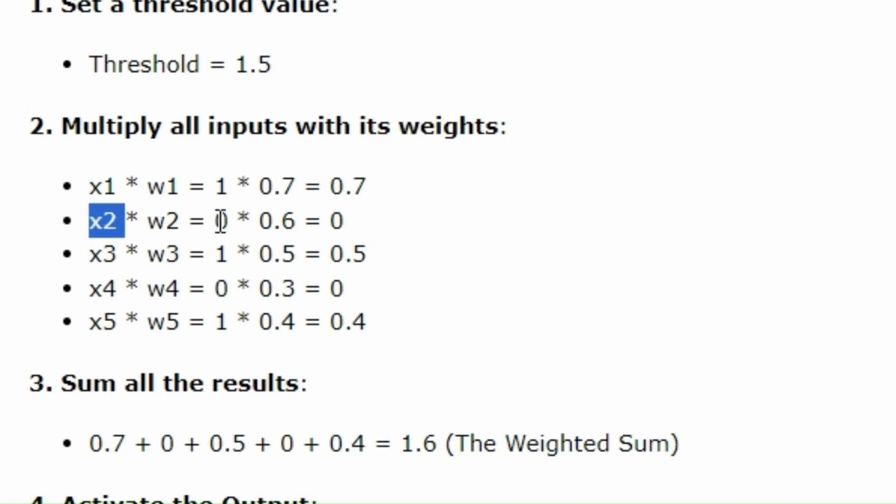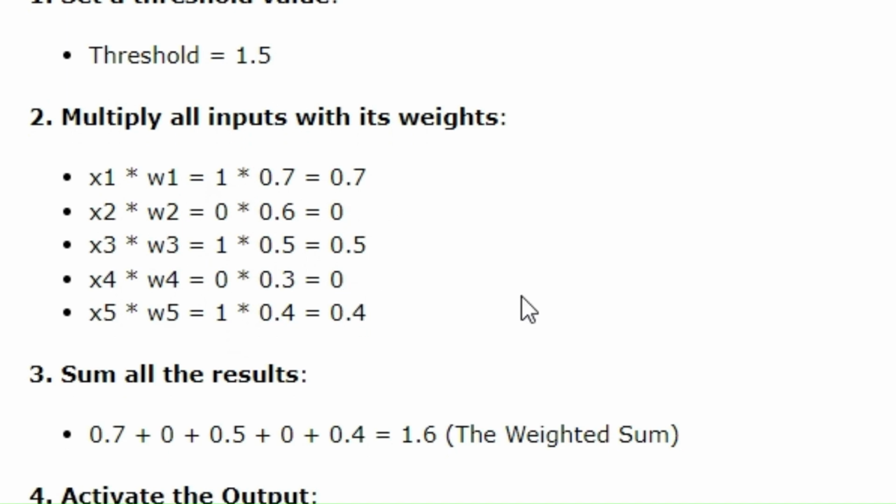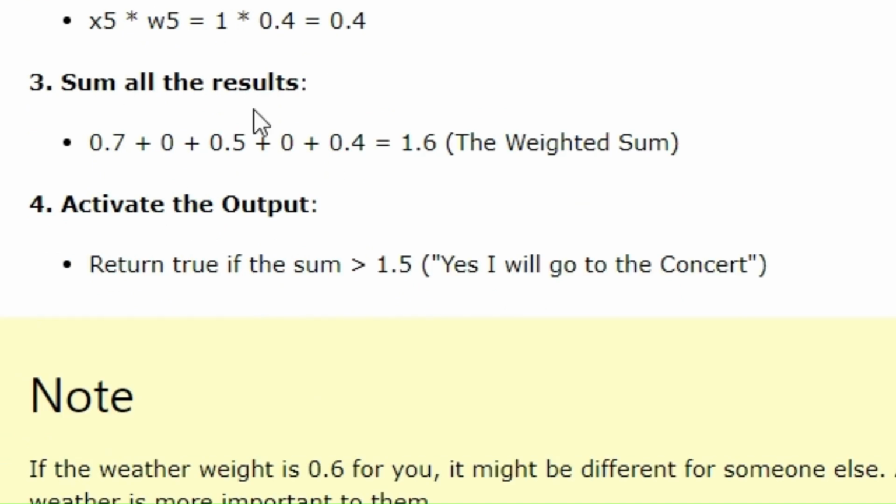X2 input is 0, weightage is 0.6, so it is 0. Like that we will get 0.7, 0, 0.5, 0, 0.4. Sum all the results. So we need to sum up all these multiplications, and we have to get the total sum, that is 1.6 here.